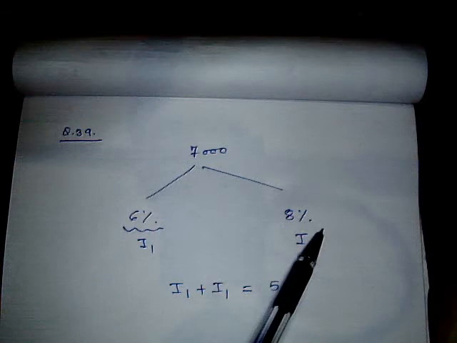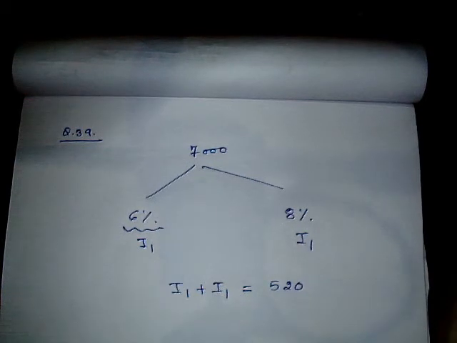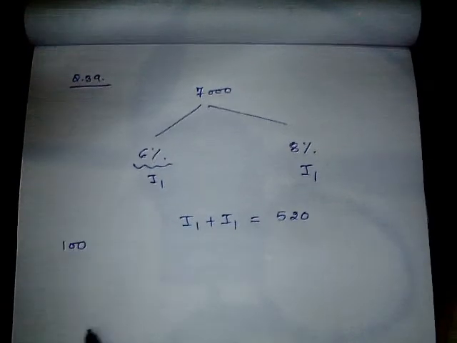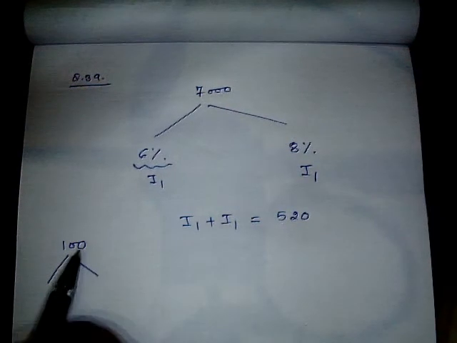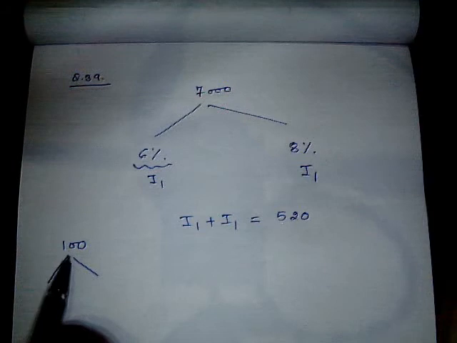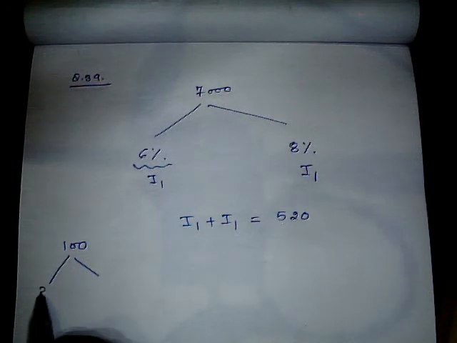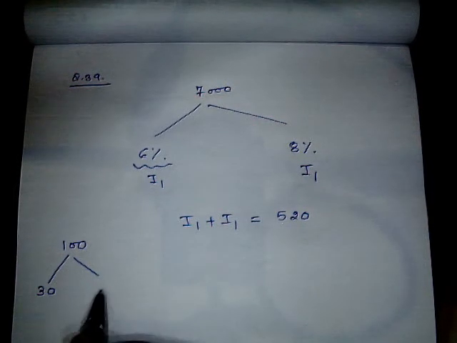Suppose, for example, I take $100 to invest under the two bonds, and under the first bond I have invested 30. Then under the second bond, how much amount is left out of 100?